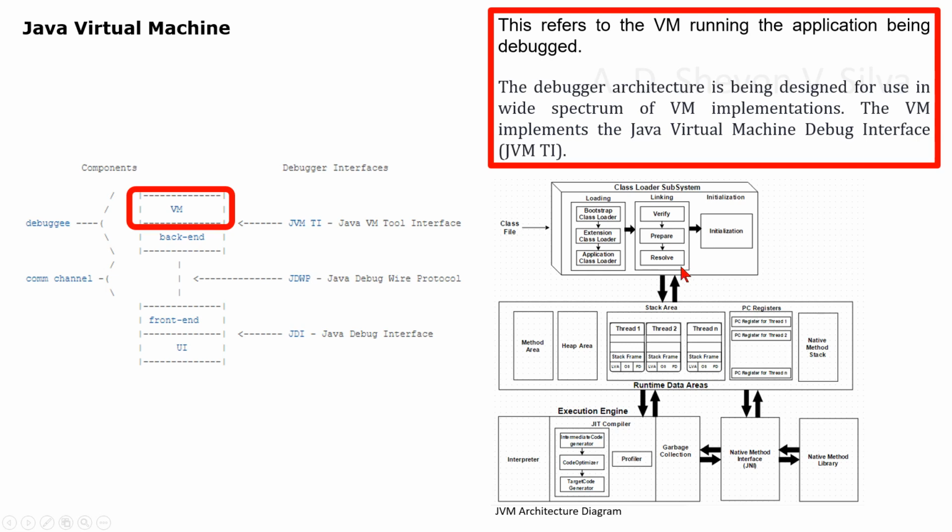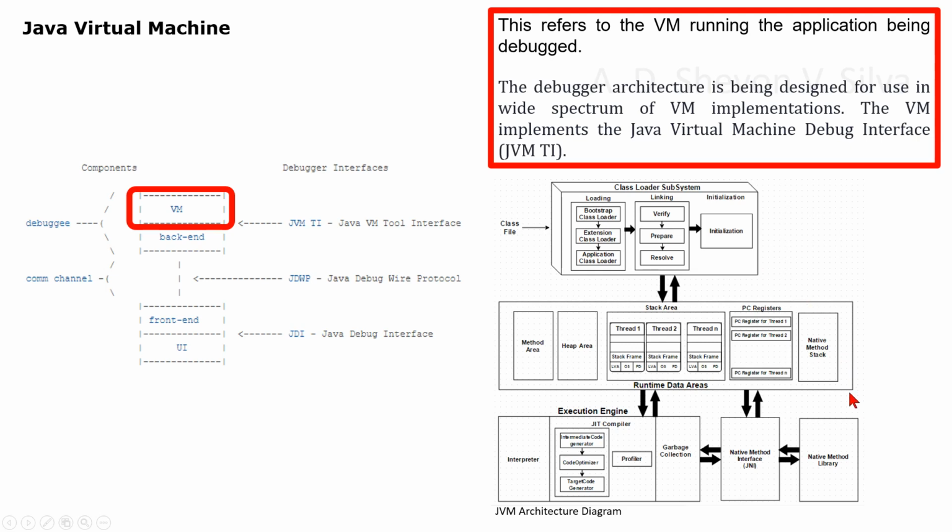Resolve. All symbolic memory references are replaced with the original references from the method area. Initialization. This is the final phase of class loading. Here all static variables will be assigned their original values and the static block will be executed.